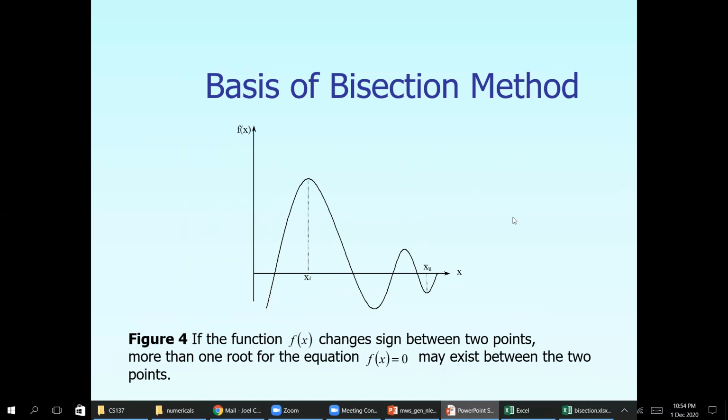In between these two, there could be multiple roots wherein f(x) equals 0. That's the basis of why we need different sign results for our bisection method, so we are assured that there is a root between the guess values. So that's the concept of the bisection method.